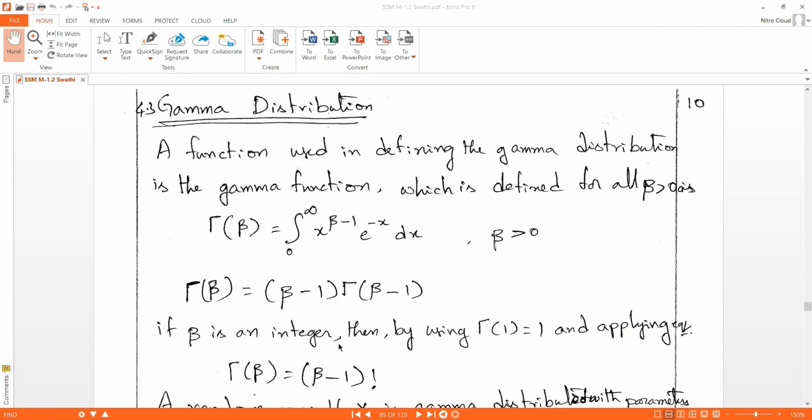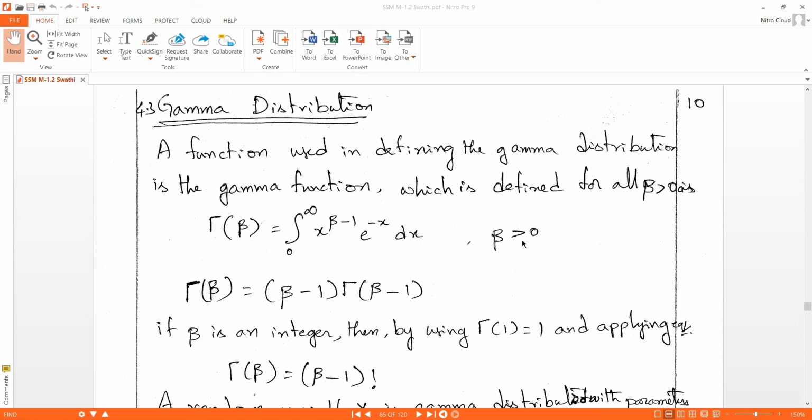Next distribution here is the gamma distribution. The function used in defining a gamma distribution is the gamma function, which is defined for all beta values where beta is greater than 0, and tau of beta is equal to the integral from 0 to infinity of x power beta minus 1 and e power minus x dx.